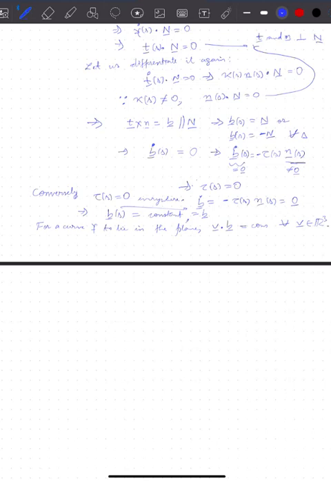Now, say let the curve lie in this plane. Then gamma dot b vector is equal to a constant. Then, differentiating with respect to s, gamma dot dot b vector is equal to 0. This is going to be gamma dot b vector equal to 0.